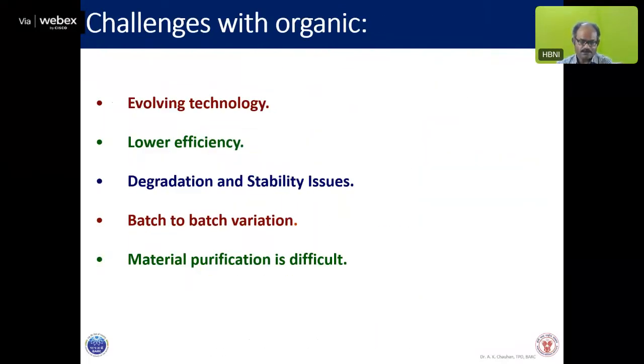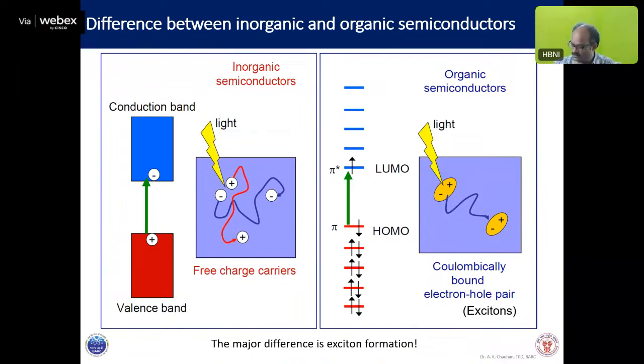So with this, first let us try to understand what is the main difference between inorganic and organic semiconductors, because in both the devices we are using semiconductors. As we saw in the first lecture, and a little bit in the second lecture also, inorganic semiconductors are basically crystals which have a periodic structure in all three directions.